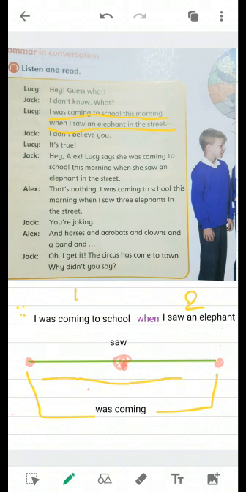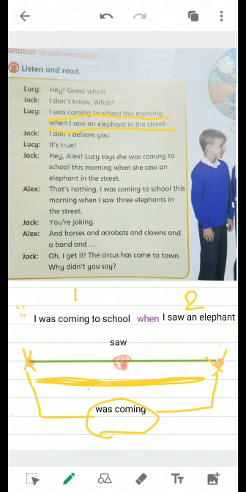We have the line here, the green line, which represents the time of happening for which verb, of course, was coming. Okay? So the verb was coming took this period of time.